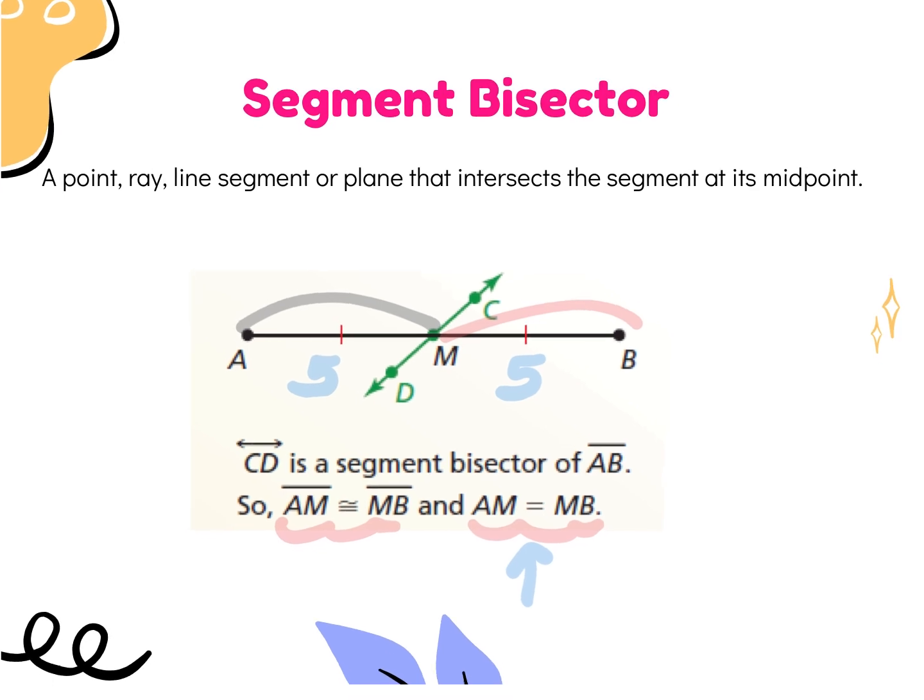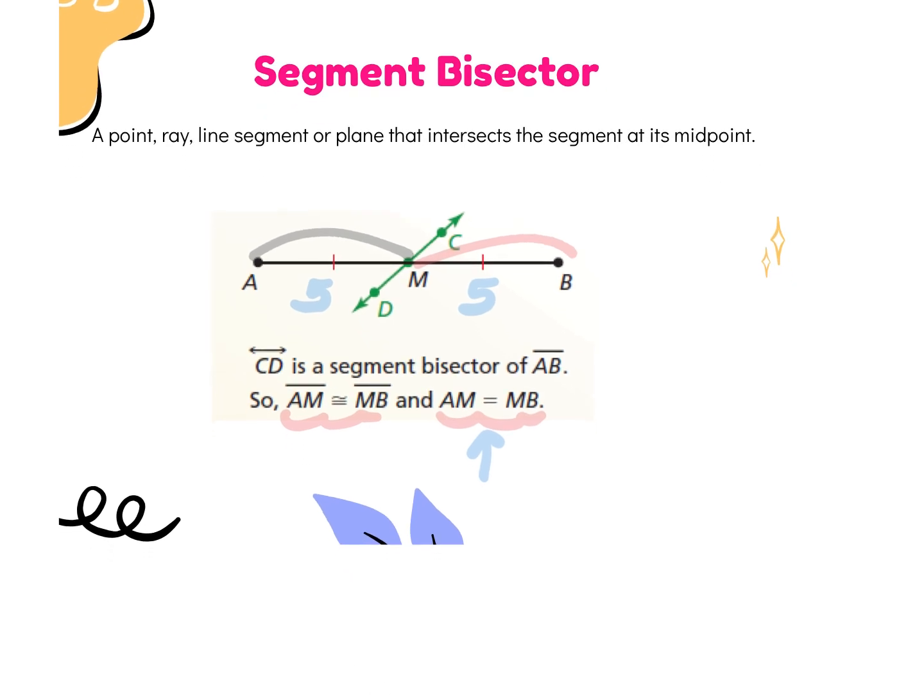Now, let me draw another example here. Let's say I have another segment here. Let's put an M and a B. And I'm going to add the congruency marks. But this time, my segment bisector is going to be a ray. So in this particular example that was originally on the slide, the segment bisector was a line.